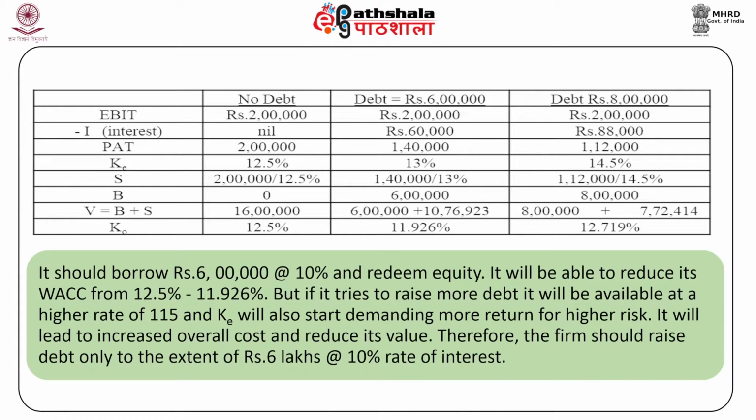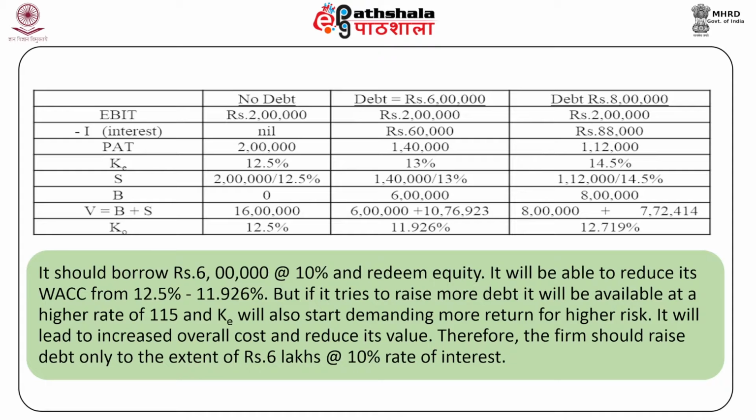Now you look at the solution in the table. The first column is talking about EBIT minus I, which gives you PAT, which again is giving you KE, values of KE, S, B, and the value of the total firm, V is equal to B plus S, and then overall cost of capital.